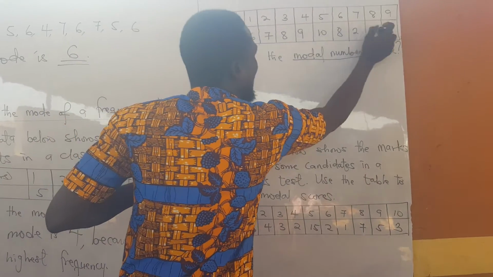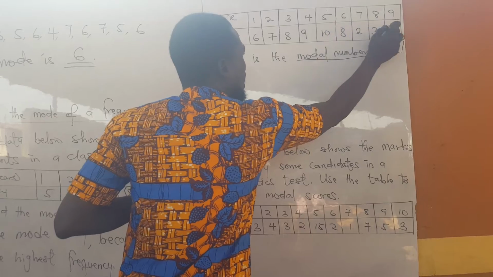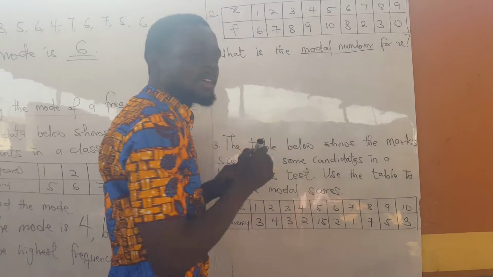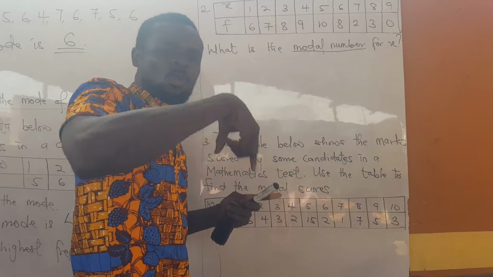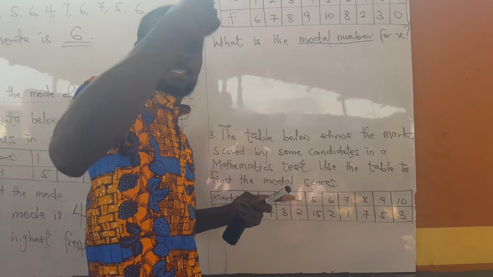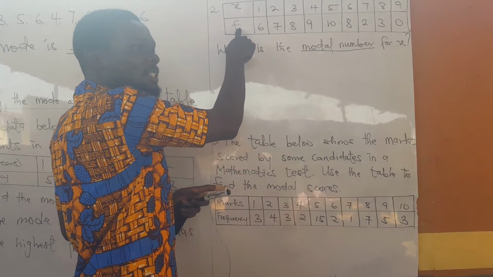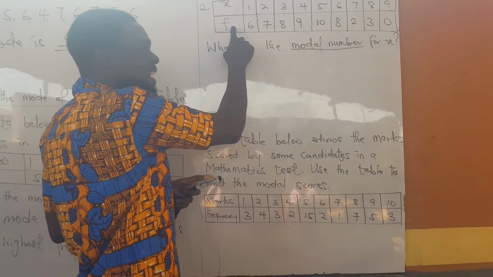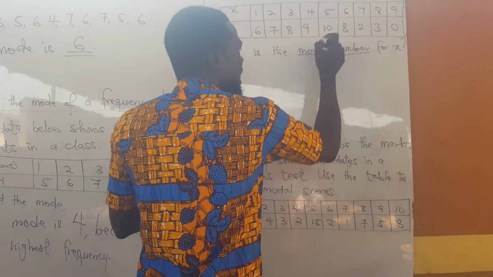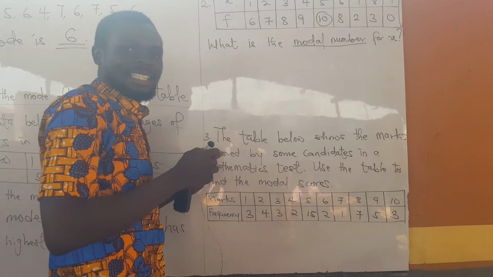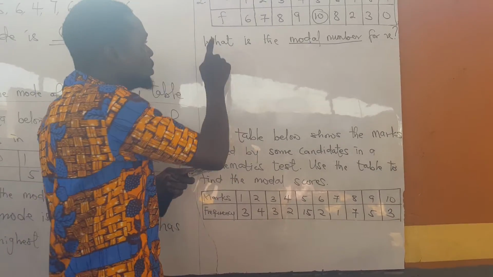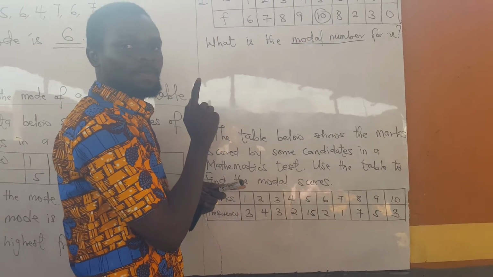After concentrating on the values, you get one value which is the highest among all. So when you look at the frequency, which is the F here, the highest value here is 10.